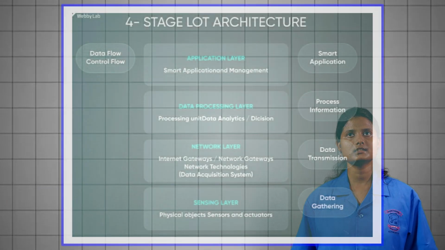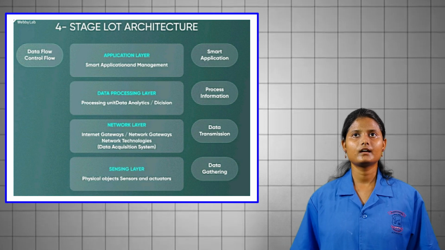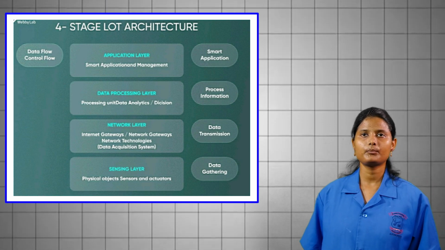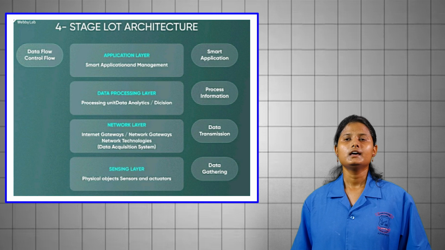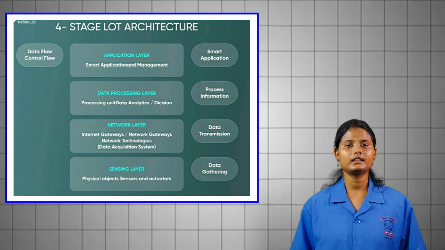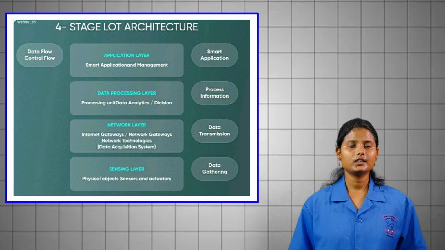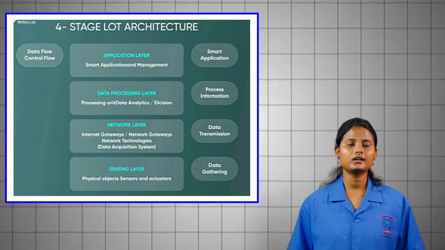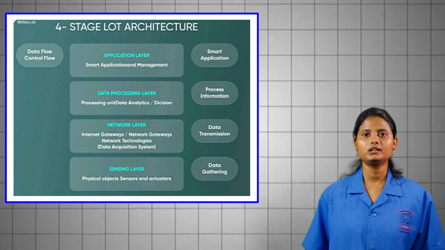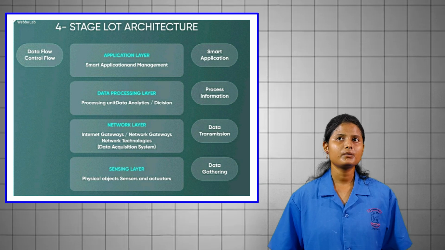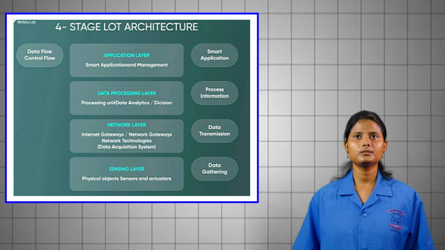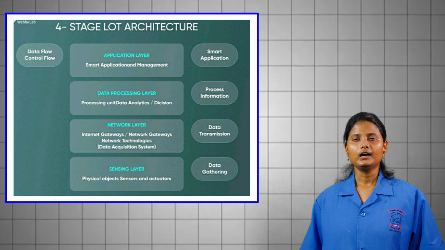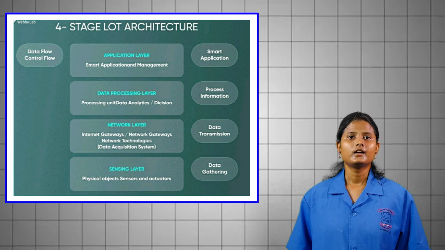Next, the 4 stages of architecture: application layer, data processing layer, network layer, and sensing layer. Application layer is nothing but smart applications used in devices and communicated through the internet. Data processing layer is nothing but the processing unit, data analytics and decision.